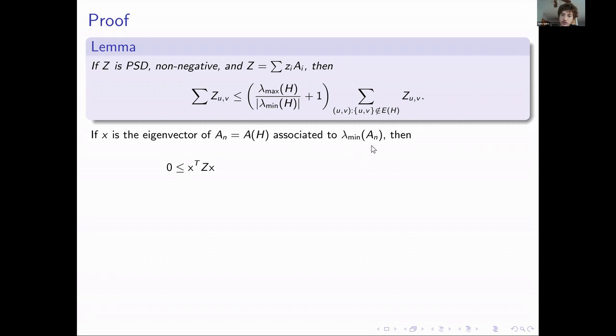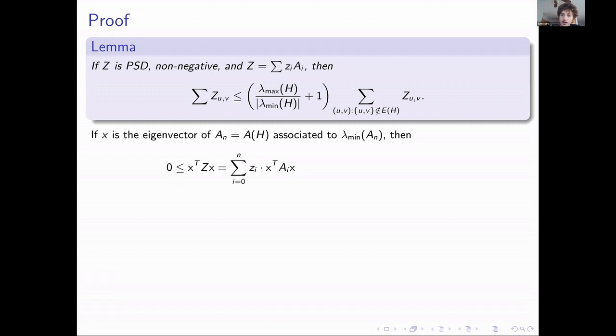This eigenvector is going to be associated to the smallest eigenvalue of A_n. Then because Z is a PSD matrix, this quantity here is going to be non-negative. And because Z is in our scheme, we can rewrite Z as this linear combination of the A_i and apply x to each of them individually.